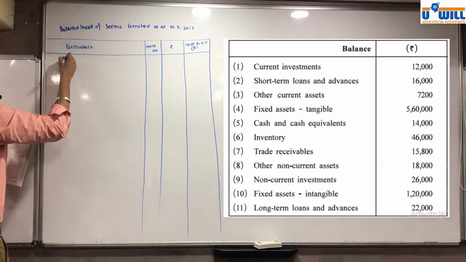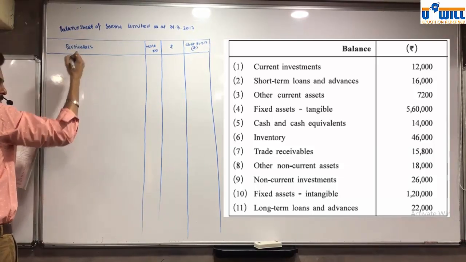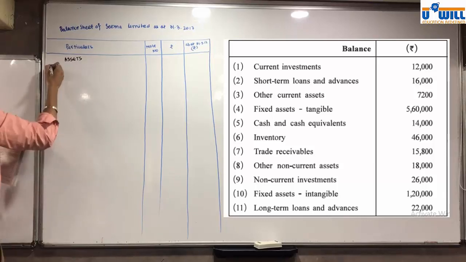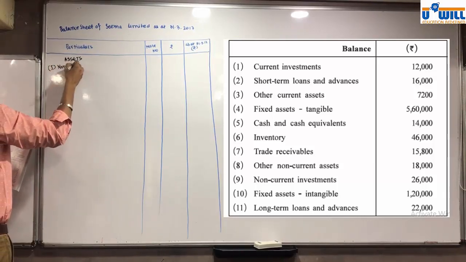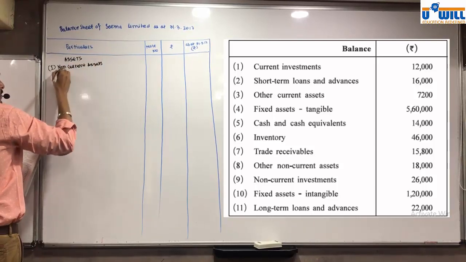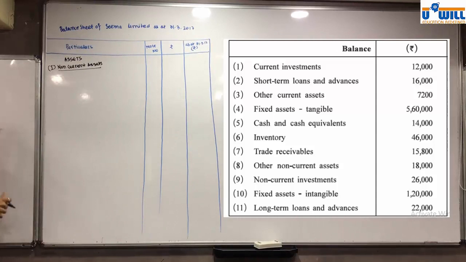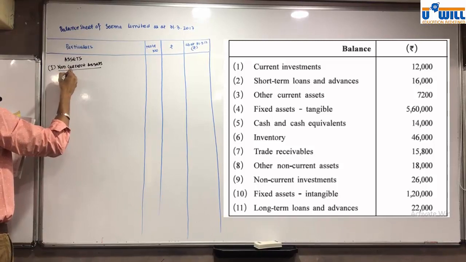Now, balance sheet heading is assets. Inside this, first non-current assets. In non-current assets, fixed assets.